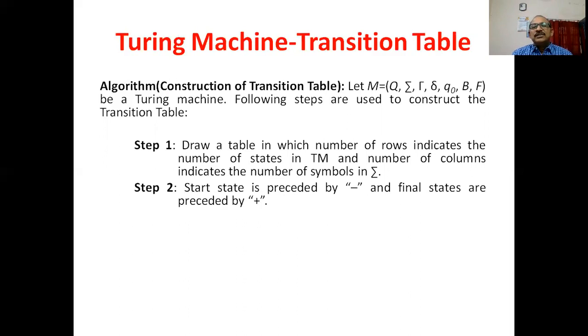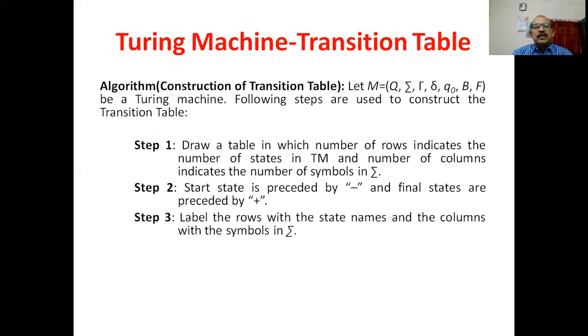Next, the start state is represented by a minus sign, and the final states are preceded by a plus sign. Label the rows with the state names and the columns with the symbols in sigma.